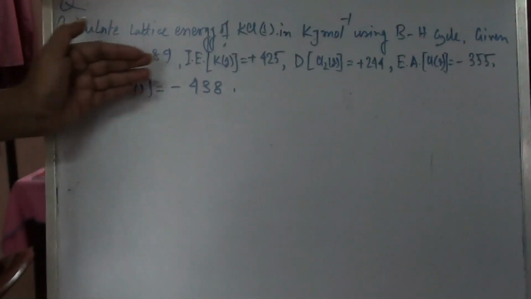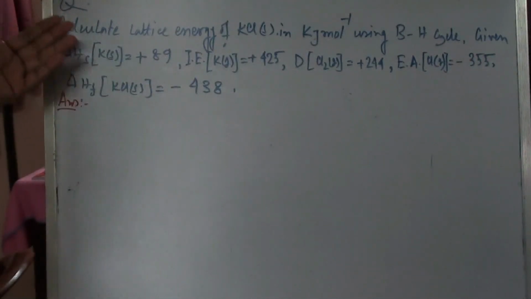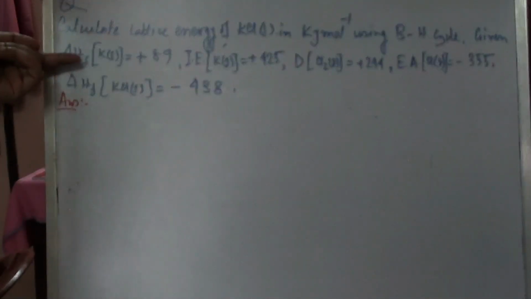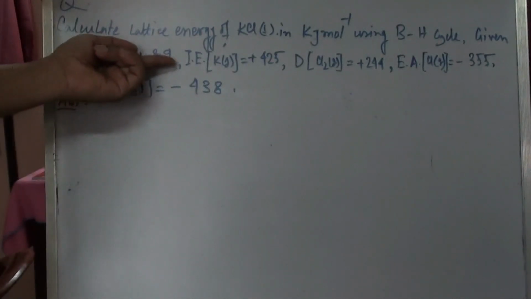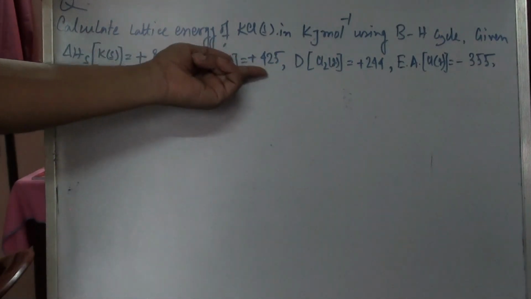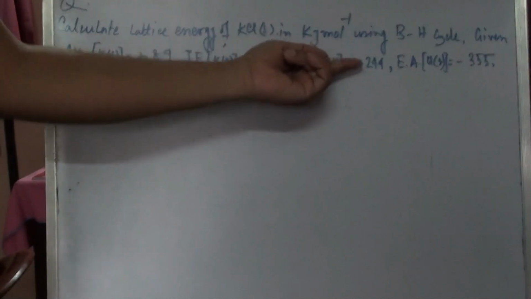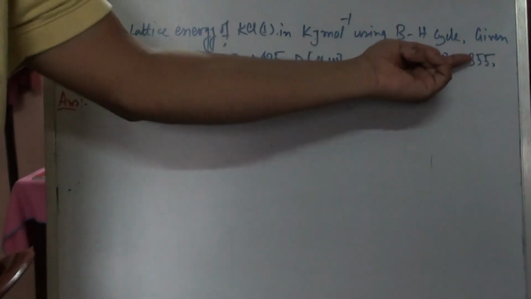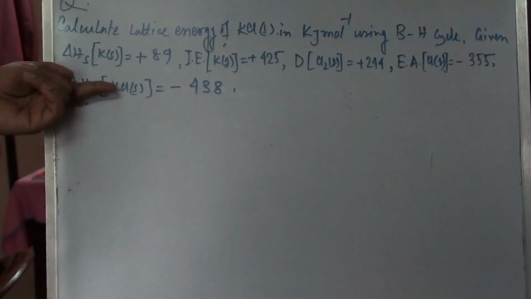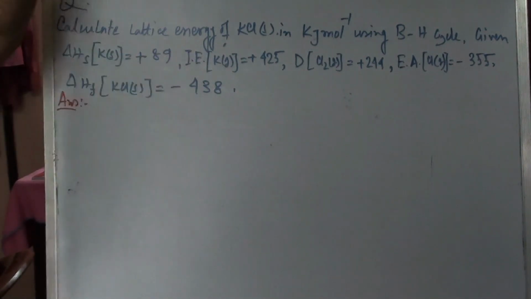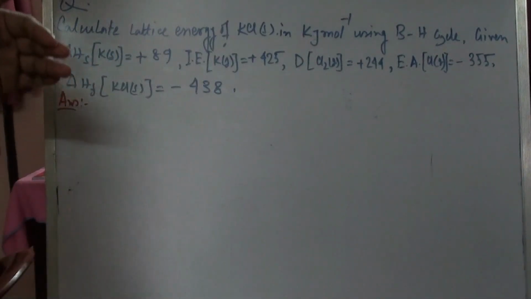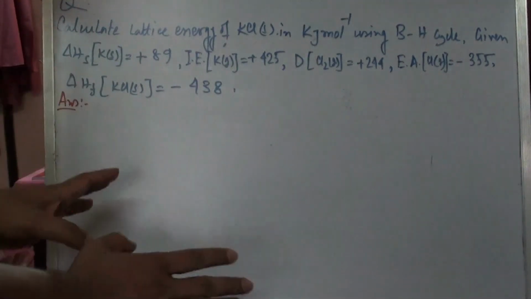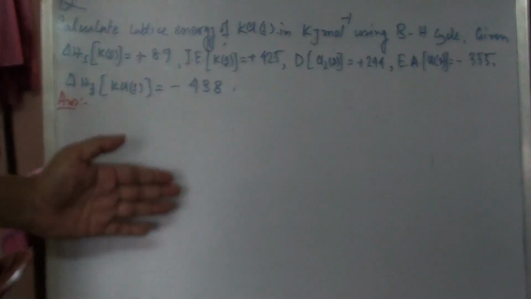Some thermodynamical terms are given: delta H sublimation of potassium solid plus 89, ionization energy plus 425, bond dissociation energy of chlorine plus 244, electron affinity of chlorine minus 355, formation energy of KCl solid minus 438. So using this data, we have to first construct the Born-Haber cycle of KCl, and then using this data and Hess's law, we have to calculate the lattice energy of KCl.